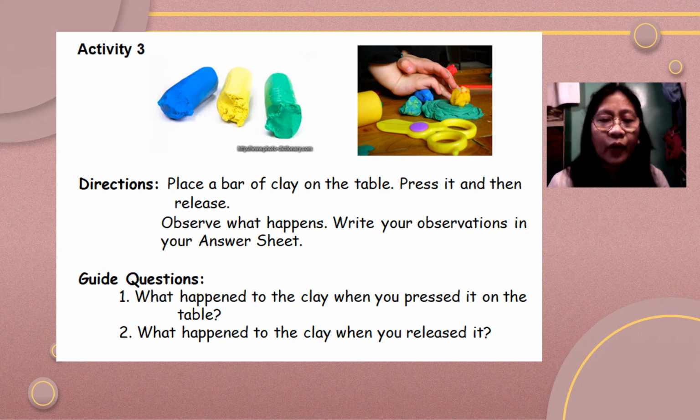For your guide questions, number 1, what happened to the clay when you pressed it on the table? Number 2, what happened to the clay when you released it? Write your observations in your science notebook.